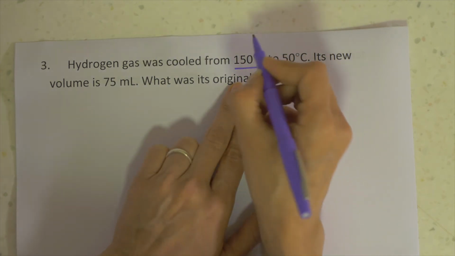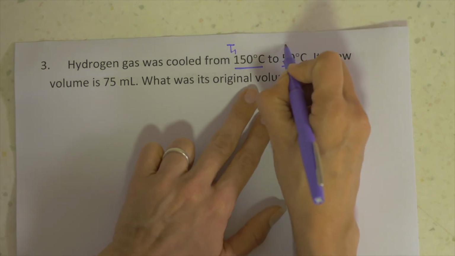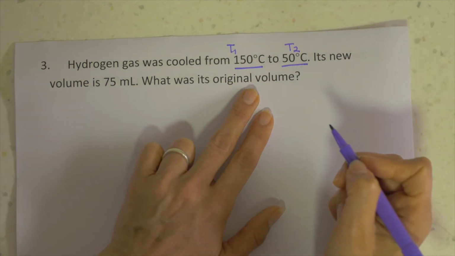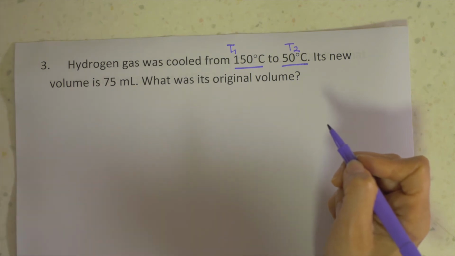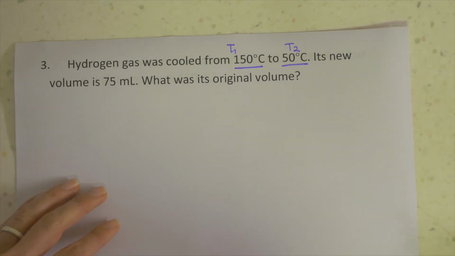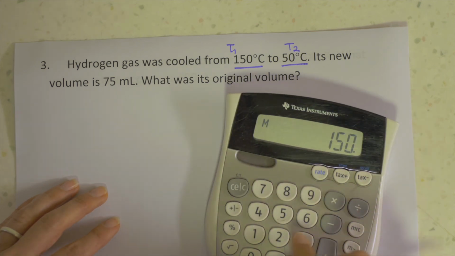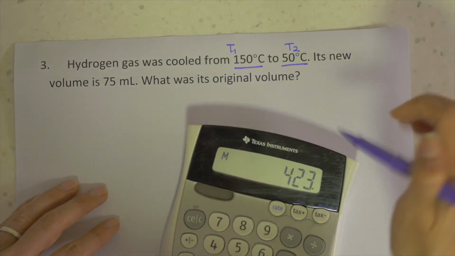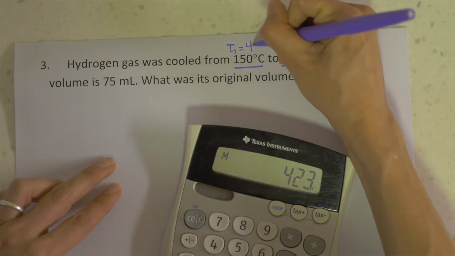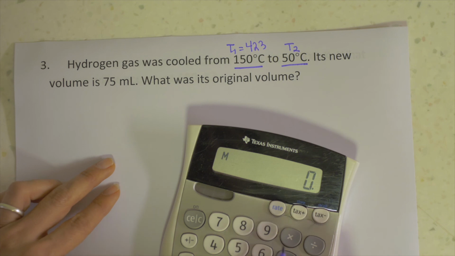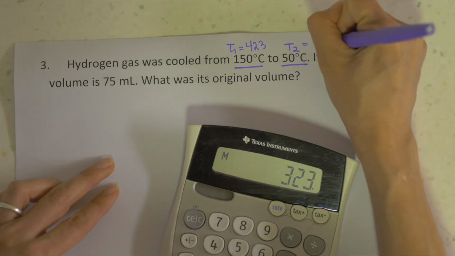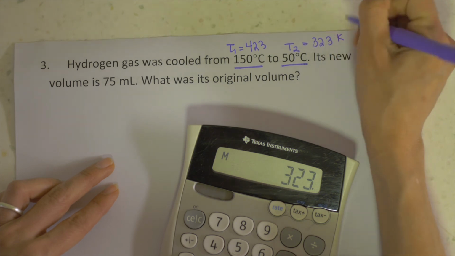On each one I'm going to add 273. So 150 plus 273 gives me 423, and 50 plus 273 gives me 323 Kelvin.